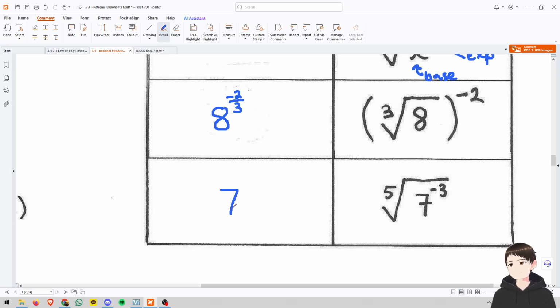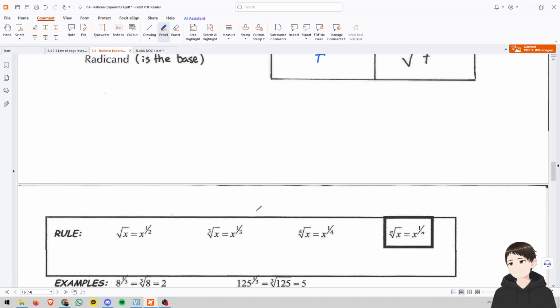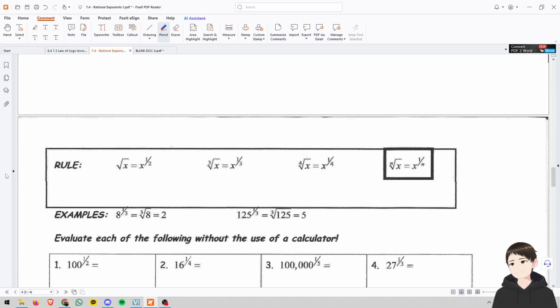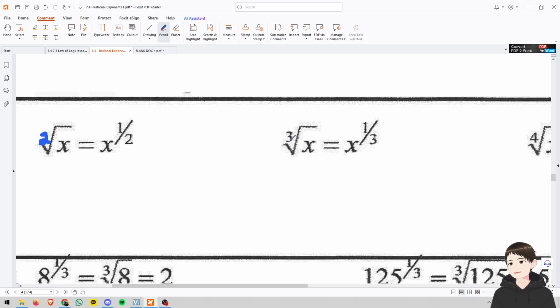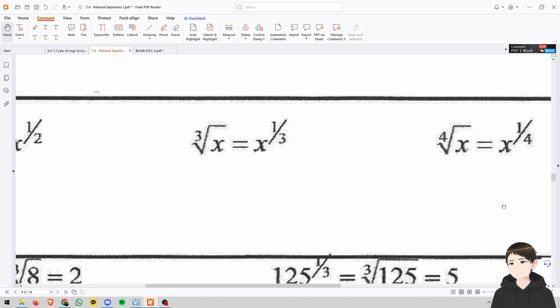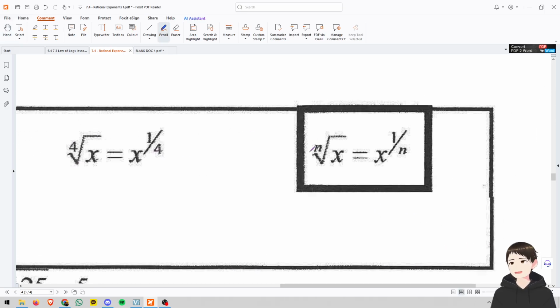This would be 7 to the power of numerator over denominator. And that's pretty much it. So here's the rule. Remember, if you see the root, that becomes a denominator, and by default, whatever the root is goes in the denominator.